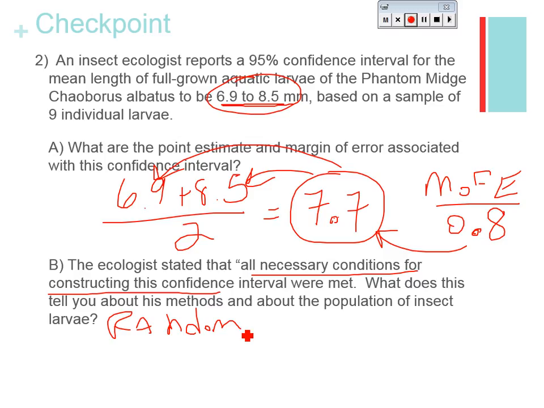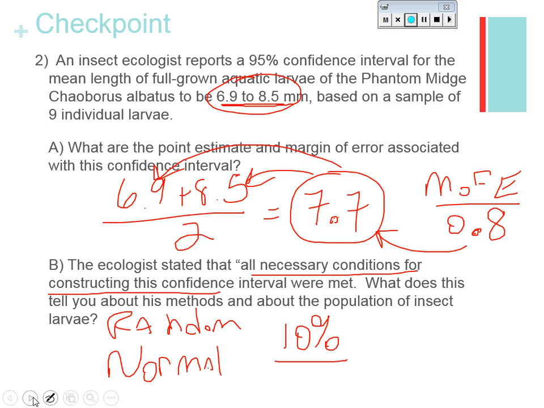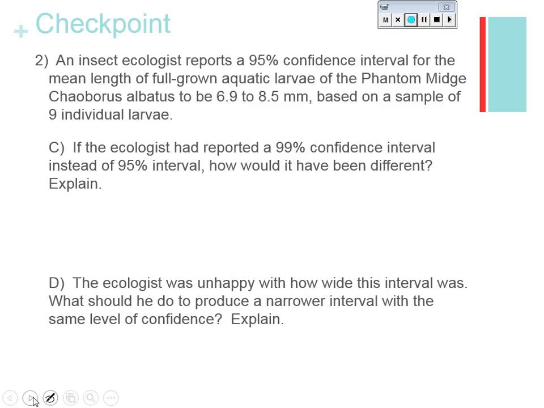We know that the population must be normal, or the sampling distribution must be normal, based on either the population distribution being normal or the sample size that they took being 30 or more. And we know that the independence condition must have been met because if they're sampling without replacement, then that 10% condition must have been met in order for all necessary conditions to have been satisfied there.